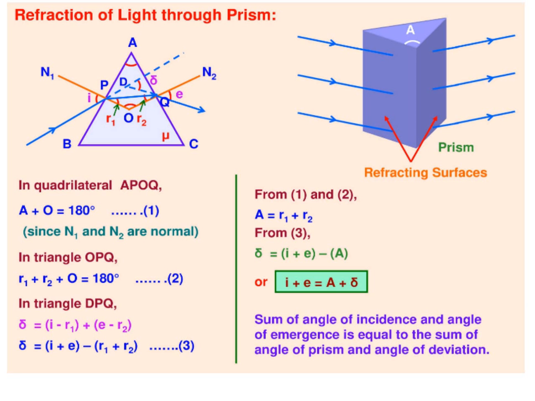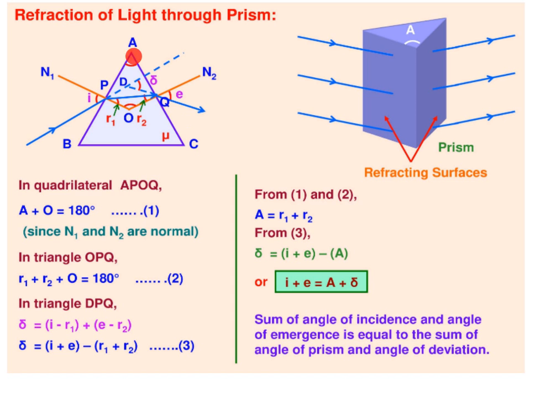Then we have to find out the prism formula. For this prism formula, we have to consider the refraction of light through a prism. Let us consider this diagram. We know that this is the principal section of a prism.